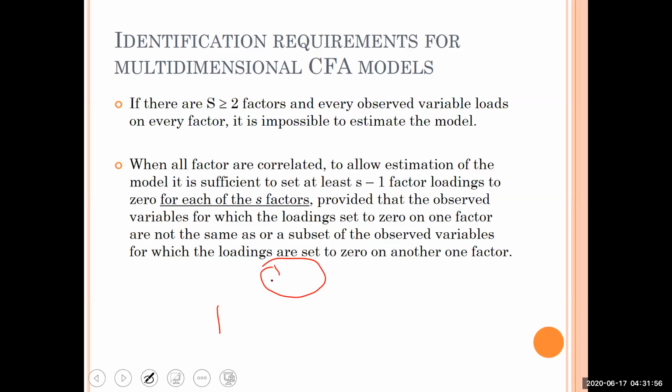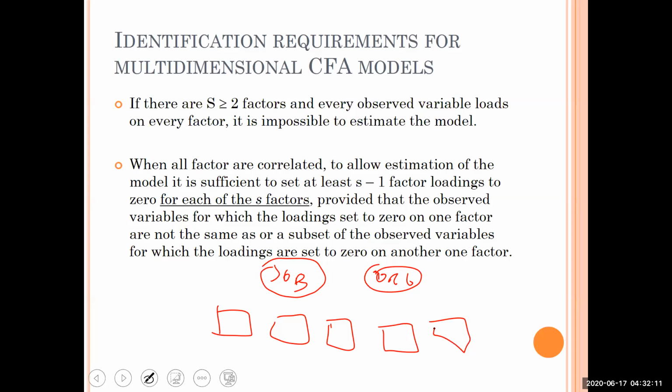You have job satisfaction and organizational commitment, but in your scale, 6 items here, there is one item that measures both job satisfaction and organizational commitment. It's possible. Items can measure more than one factor.